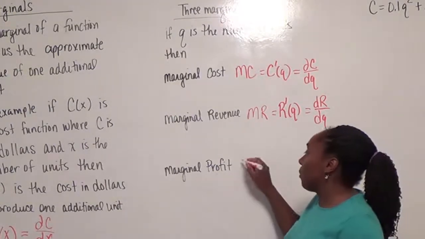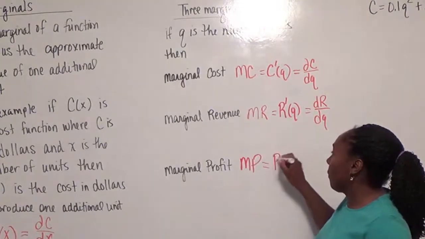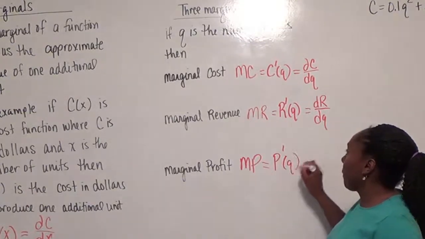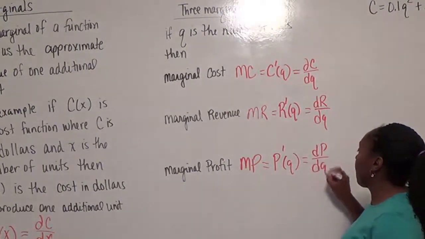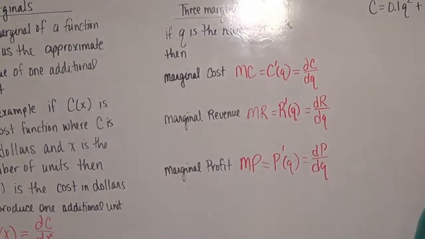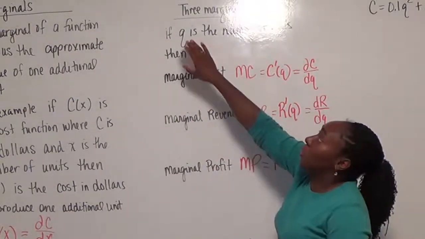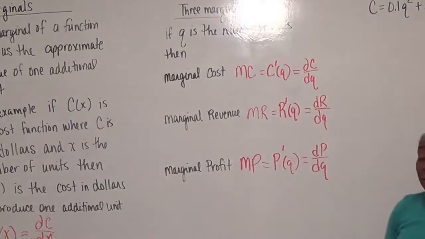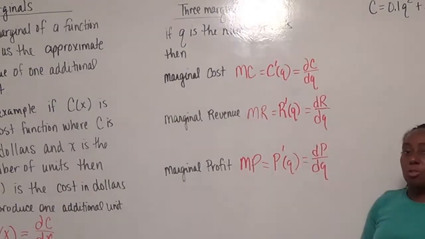And lastly, for marginal profit, again, same idea. Now again, notice here I say if Q is the number of units. If I change my variables here will change as well.